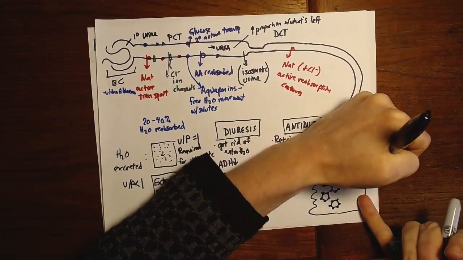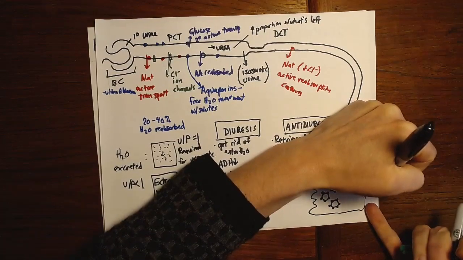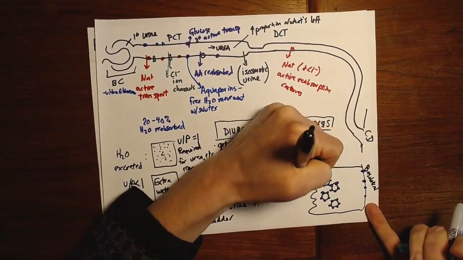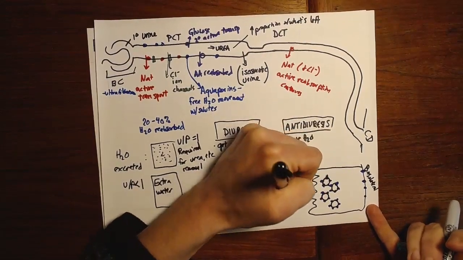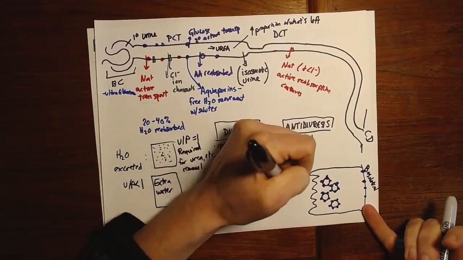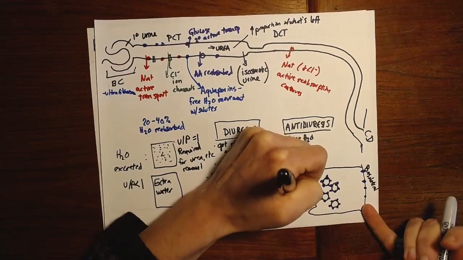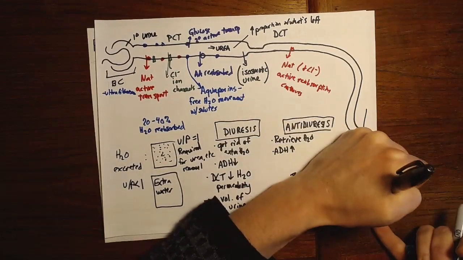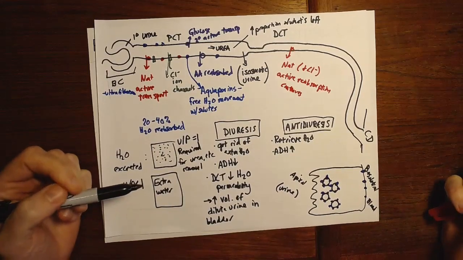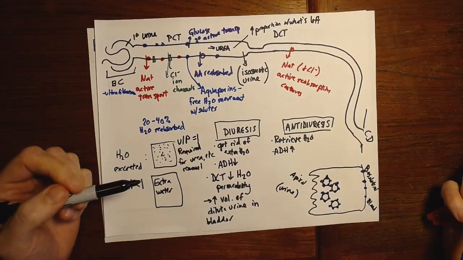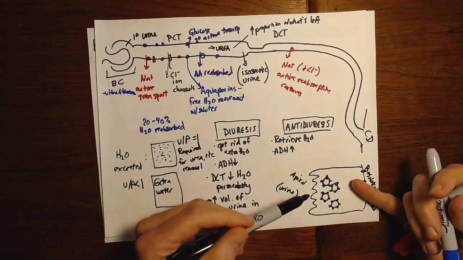So here's the apical membrane. And so this is where the interior of the DCT is, so where the urine is located, right? So here's blood. Okay. So this is a situation during diuresis.